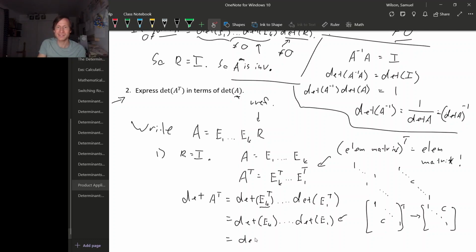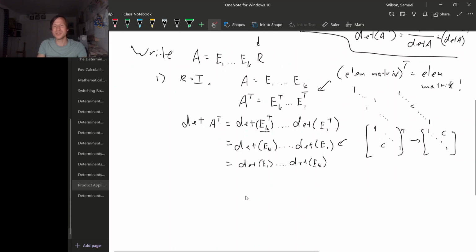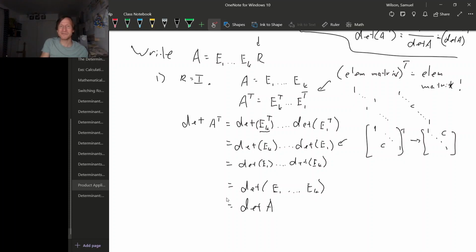We can write this as the determinant of E sub 1, and so on, times the determinant of E sub K. But then we can use the product property for determinants backwards and write this as the determinant of E sub 1 through E sub K, but that's just A. So what we found is that the determinant of A transpose is equal to the determinant of A.